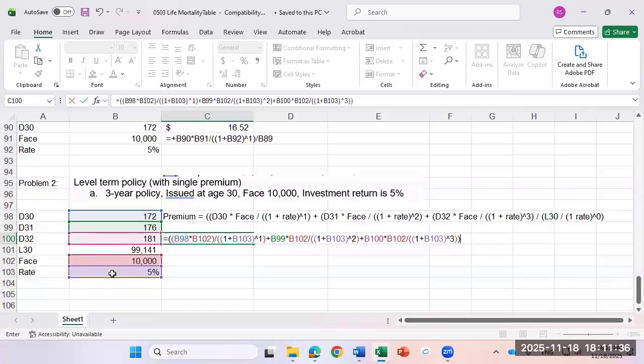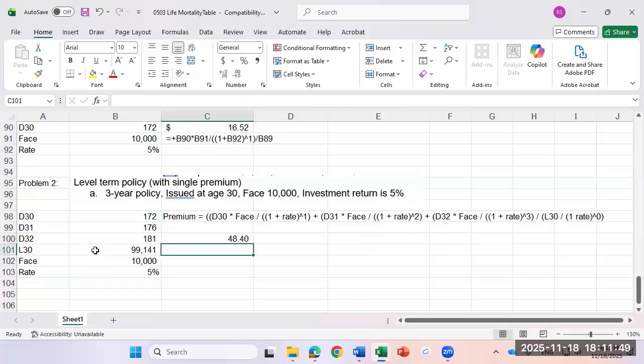So there's our numerator. The denominator, we just need to divide by the number of premium payers, which is L30. And there's our premium, 4840.